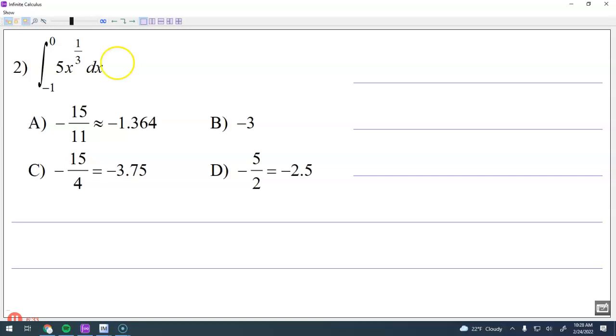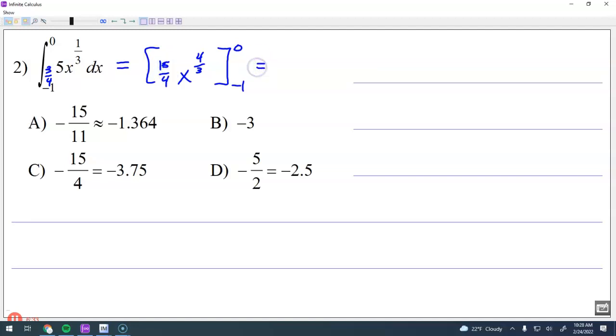So again, it's not U substitution because there's not a big guy and a little guy. There's just an x to a power. So I'm going to just go straight to integrating it. Leave my negative 1 and 0 there. Add 1 to the power. So I have 4/3. Multiply by the reciprocal of the power, which is 3/4. So then over here, when I multiply 3/4 times 5, I actually have 15/4.